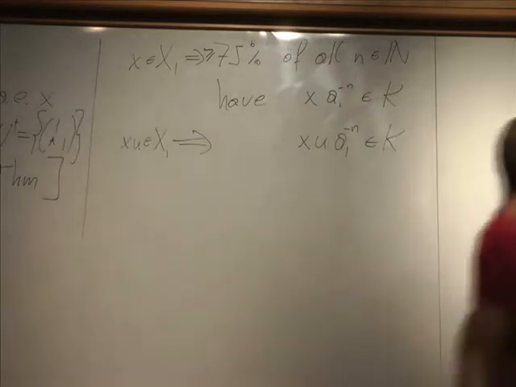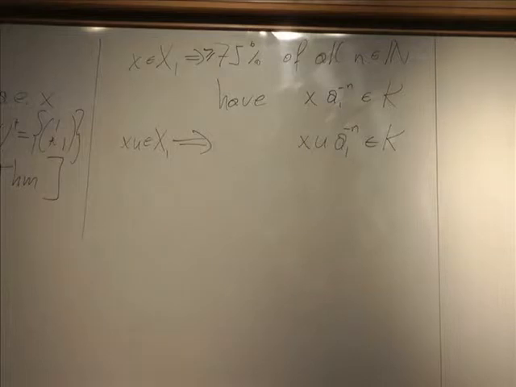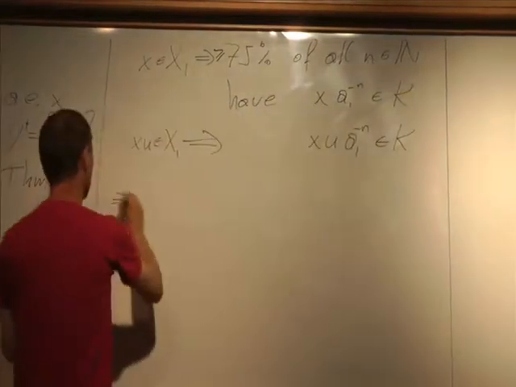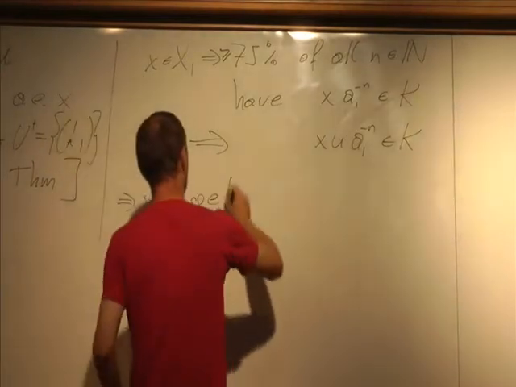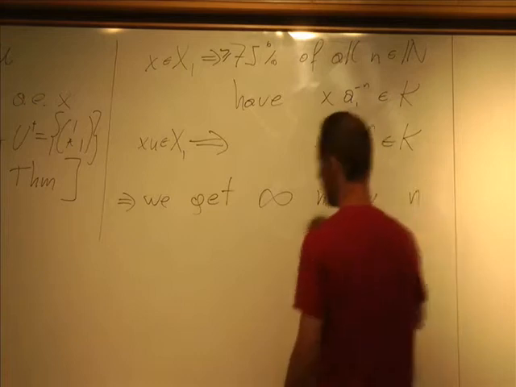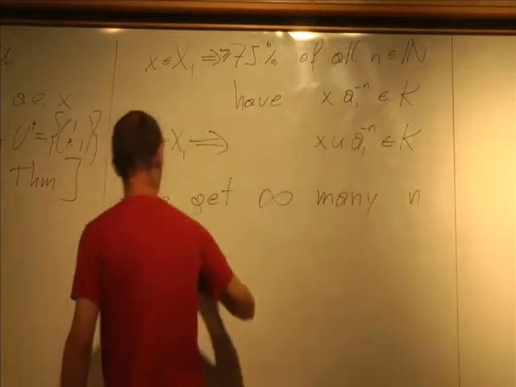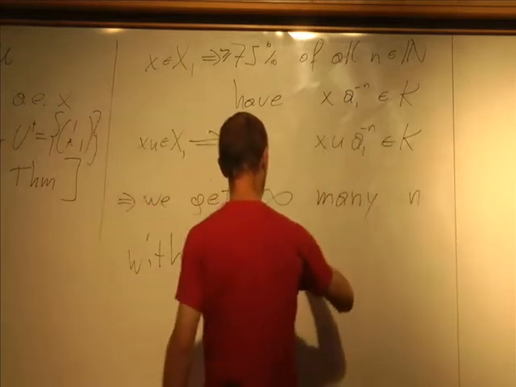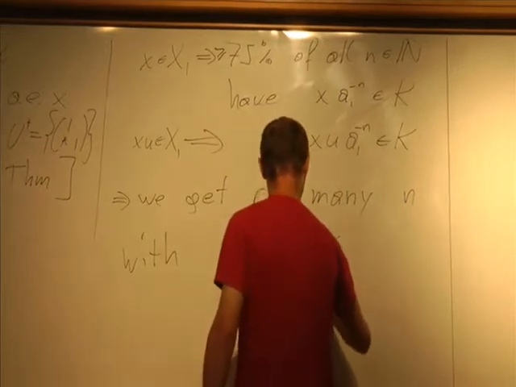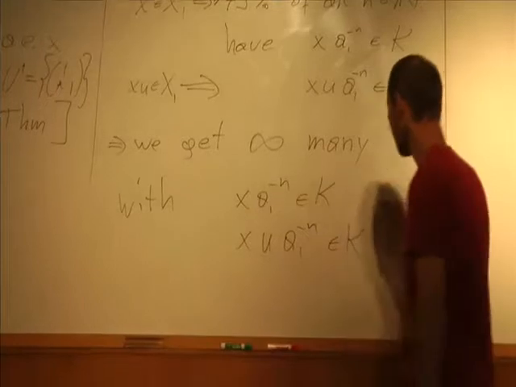So what was important about 3/4 is that it's bigger than 1/2. We get infinitely many, and that's the only thing we need, n with x a_1^(-n) in K and xu a_1^(-n) in K, simultaneously.